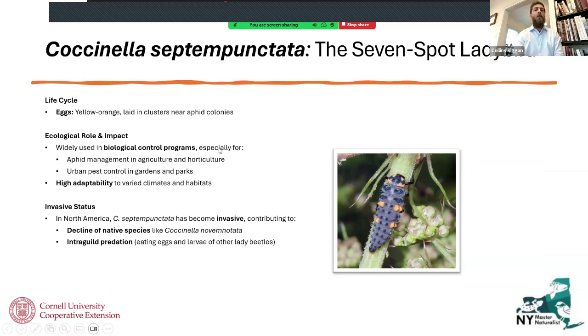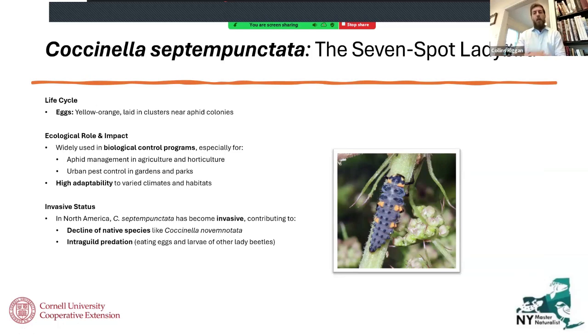Still widely used for biological controls, and it has become invasive. So although you will still see it for sale, and we're going to talk about this a bit later, it has contributed to the decline of Coccinella novemnotata.